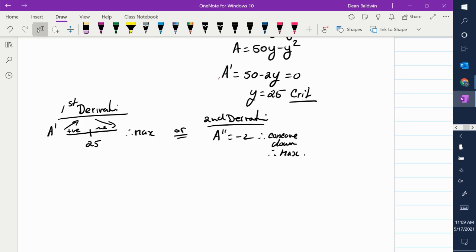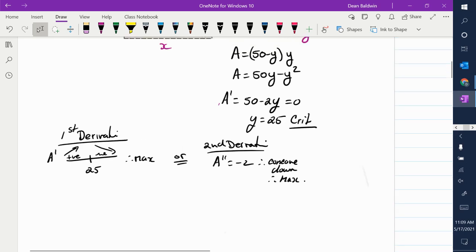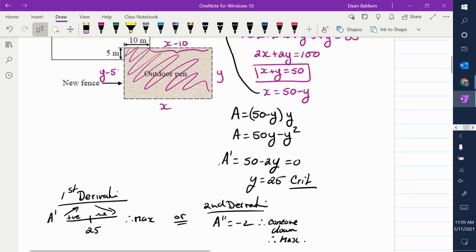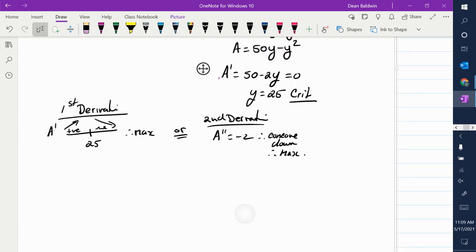So what are my dimensions then of this shape? So we proved that y being 25 produces the max. So we can use this to find x. So we know that x will equal 50 minus y. So x again is going to be 25.